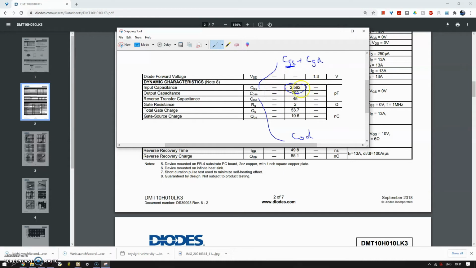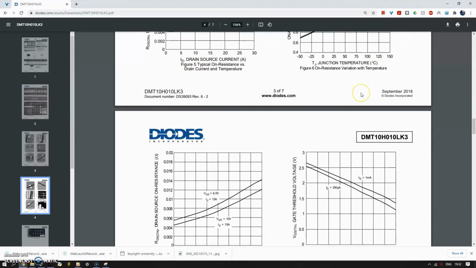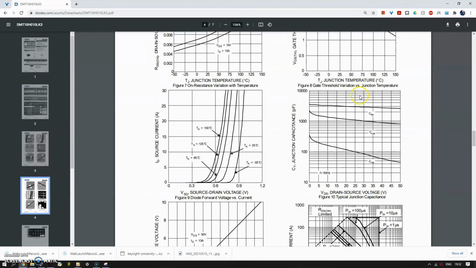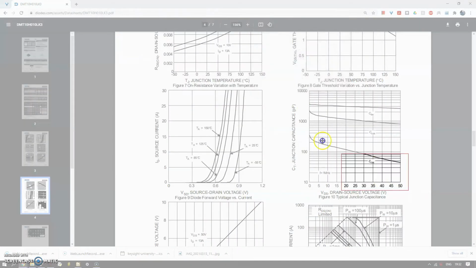But I'm not going to use these numbers here because these are only for these test conditions that we've got written here. I'm not going to be running it at 50 volts at the moment. When I actually do it, it will be close to 50 volts because it's for an e-bike, which is a 48 volt battery. But at the moment I've just got it on a lab power supply set at 25 volts. So what we do is we look at this graph here.